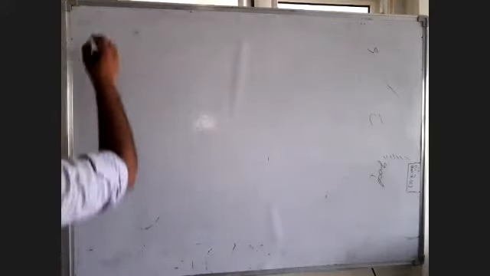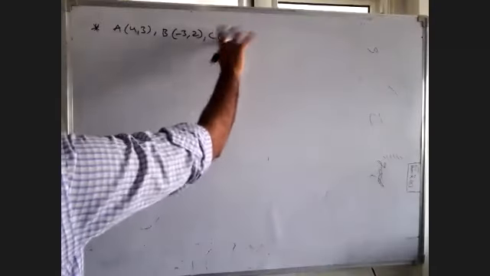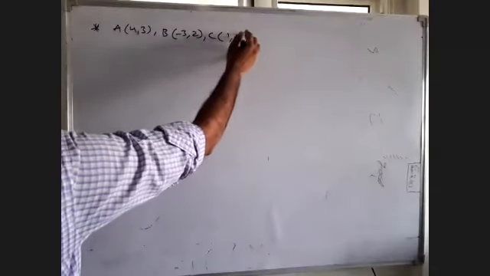The triangle with vertices (4, 3), (minus 3, 2), (1, minus 6).